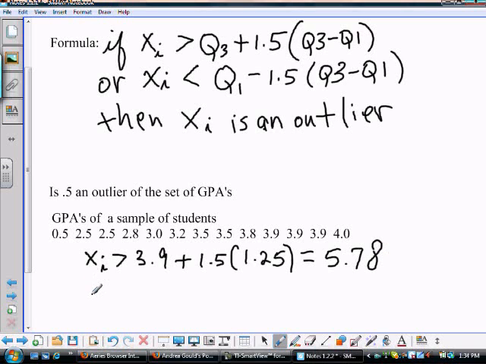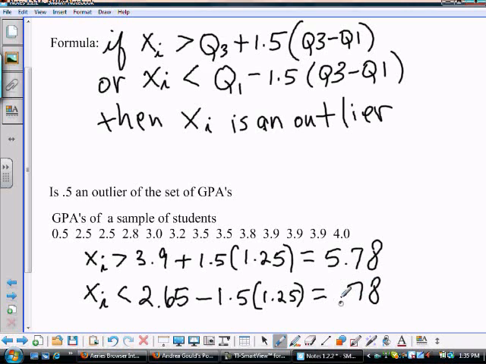I don't have any outliers on that end, but if somebody had a GPA less than, what was my first quartile? Was that the 2.65? Minus 1.5 times my IQR. 0.78, 0.775.